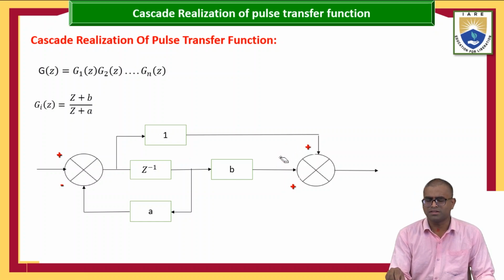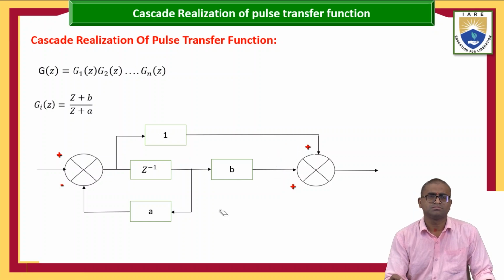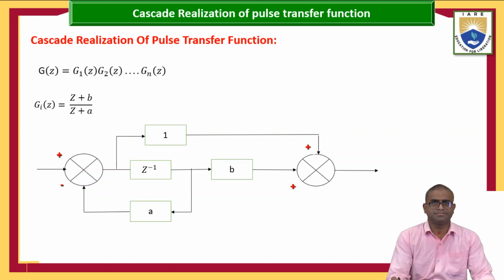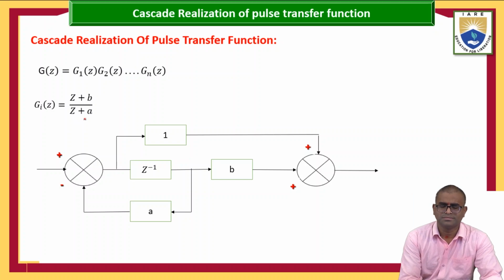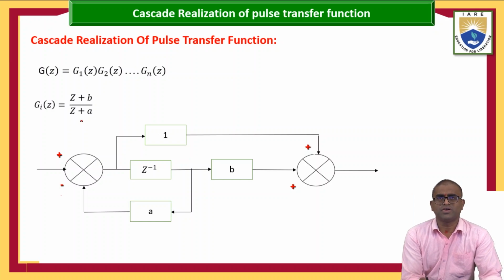Coming to the denominator part, that is the poles, that is nothing but the characteristic equation, z plus a. Since it is given as a negative feedback, here it is coming as positive.